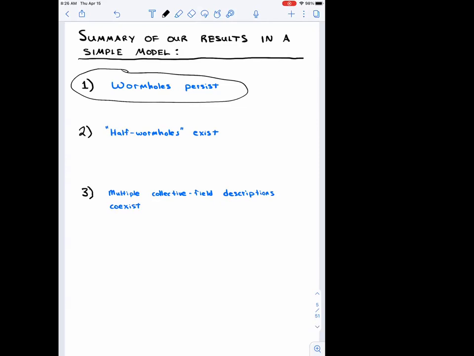And the way that contradiction is avoided is that there are additional contributions that we call half wormholes that are present when you fix the couplings. And together, the wormholes plus the half wormholes lead to a factorized answer. So there's an additional semi-classical contribution that you need to add, these half wormholes, which depend very strongly on the couplings, and which lead to factorization.